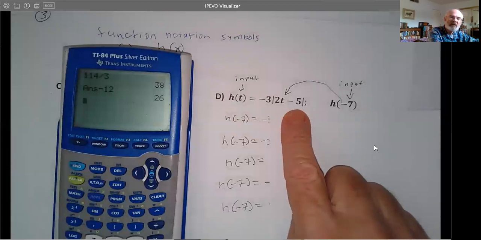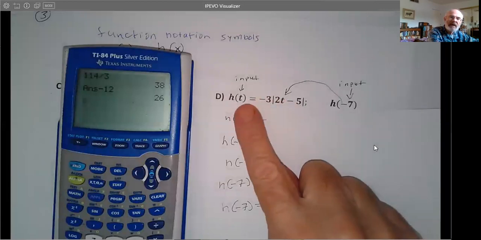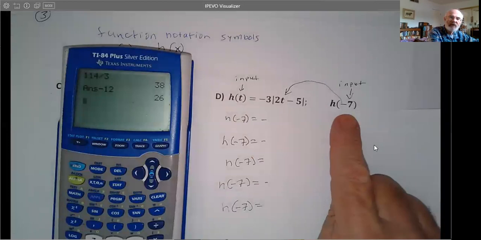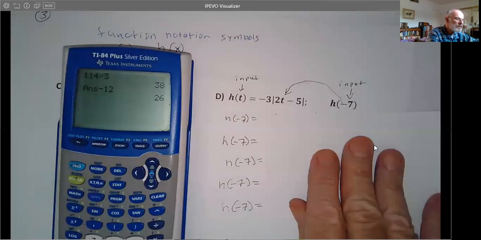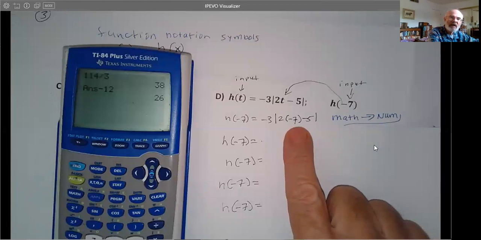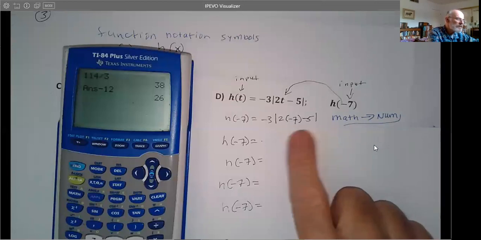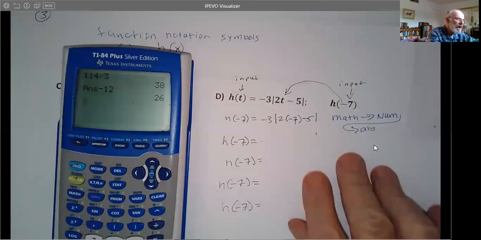So you're going to use PEMDAS again, and you will do what's in parentheses first, but because you're evaluating this for t being your x value, if you will, then you're going to replace t with negative 7. So I'm going to write h of negative 7 equals negative 3, and then absolute value of 2 times, and then in parentheses, I'm putting negative 7 minus 5, and then closing the absolute value bracket. Now to simplify this, we've got to simplify what's in the bracket.